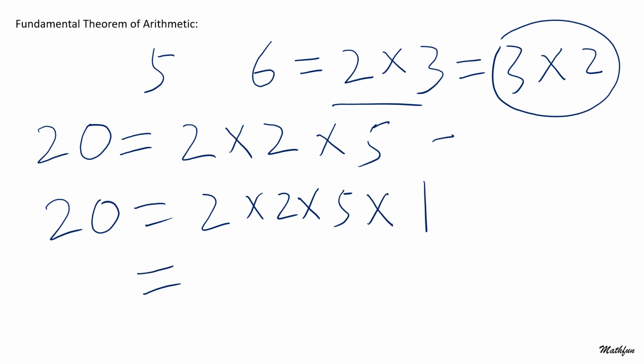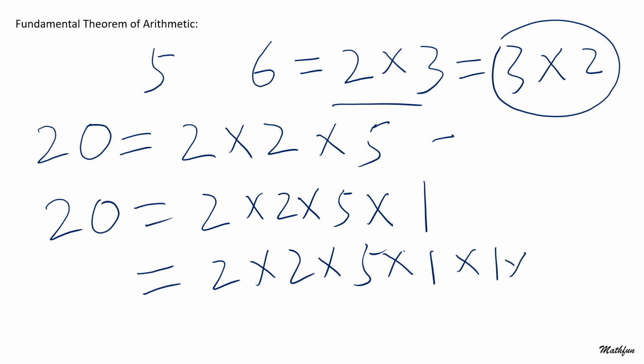Or if you want, you can do 2 times 2 times 5 times 1 times another 1, or even another 1, as many as you want. So that means the expression of a number as a product of primes is not unique anymore. And that doesn't go well with this theorem.